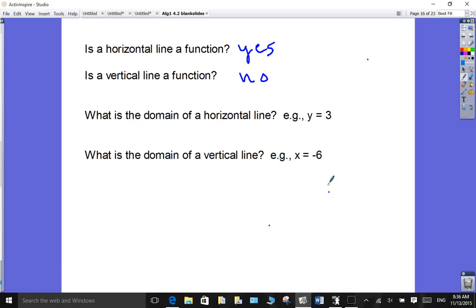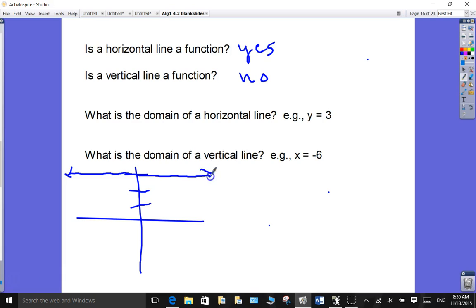Okay, now here's another question. For example, y equals 3. What's the domain of that? How would you describe the x values that make up that line?